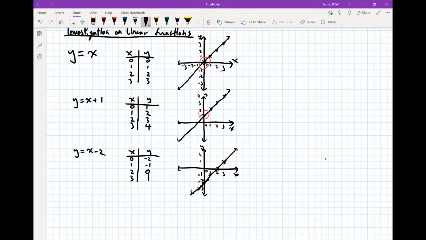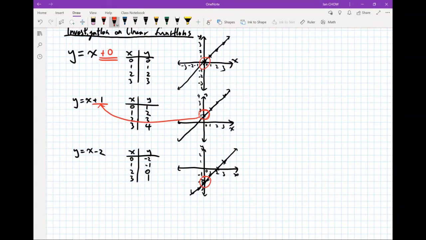You can see the 3 graphs look almost identical. The only thing that changes is that they pass through our y-axis at different points. Now I want you to look at these points. This 0 point is because there's no constant being added, plus 0. This 1 corresponds to our +1.